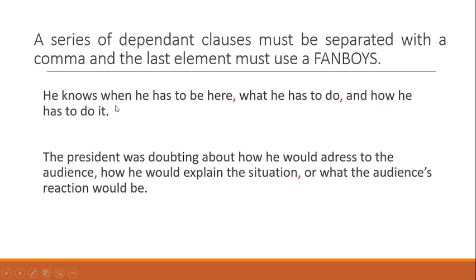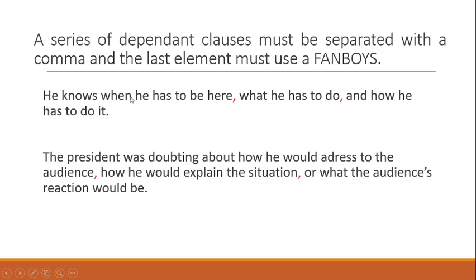When that happens, each of the dependent clauses is considered a unit, so we separate them with a comma. And the last element, the last thing that we are joining with the conjunction, is the one that takes the connector, the FANBOY. In the case of the others, it's not necessary to say "and." We just use a comma and we use "and" with the last element.